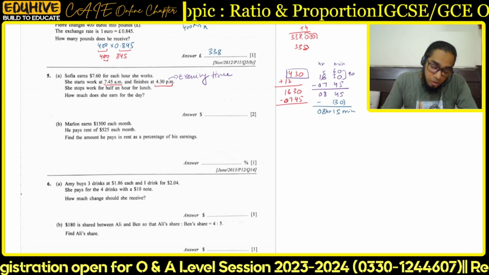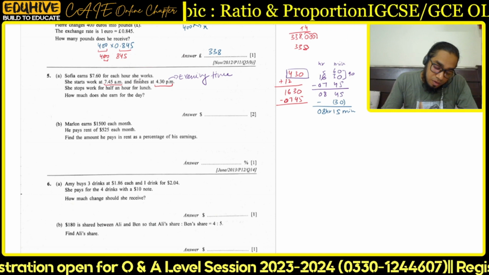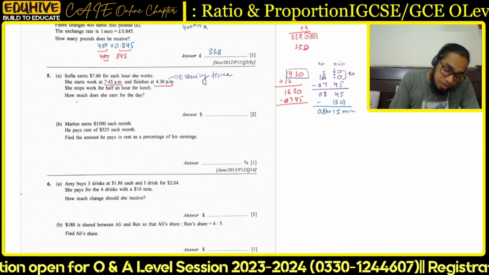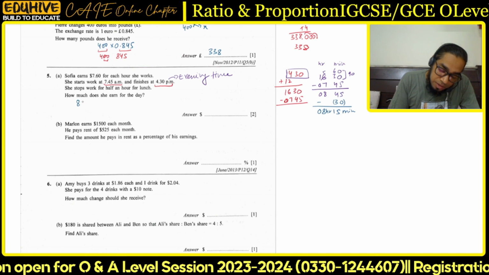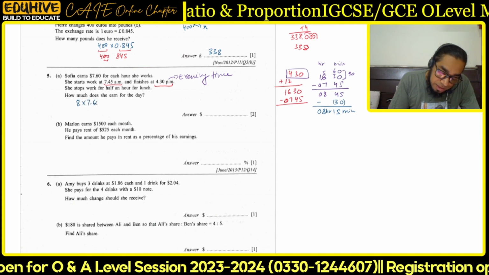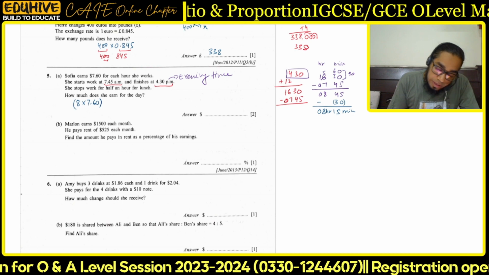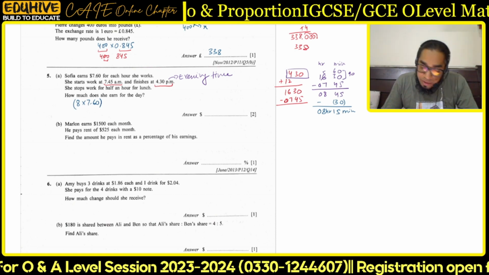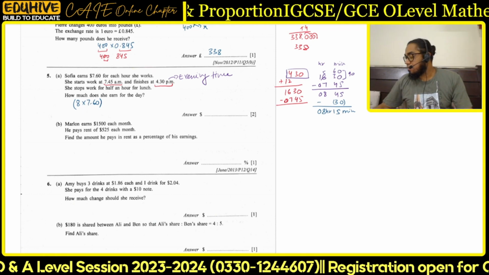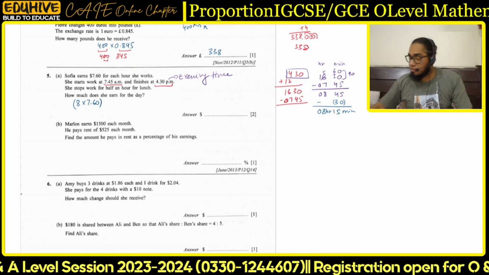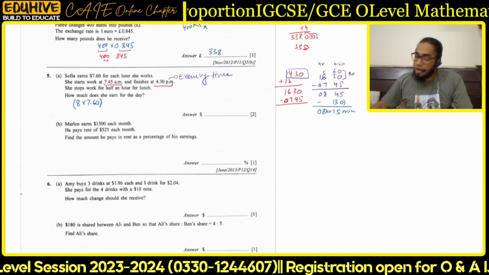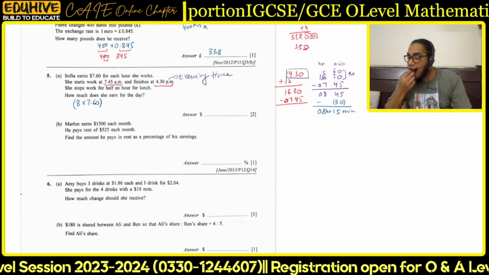Okay. And what is the rate per hour? Because there are 8 hours, I'm going to say 8 hours multiplied by 7.60. Okay. And what about 15 minutes? How am I going to charge for the 15 minutes?